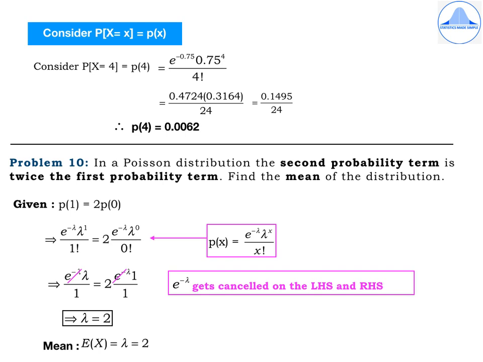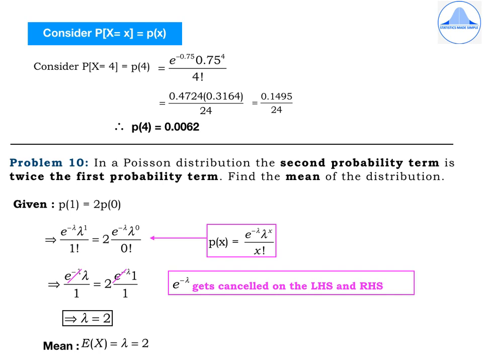Problem 10. In a Poisson distribution, the second probability term is twice the first probability term. Find the mean of the distribution. So let's recollect. In my previous videos, I have already talked about the first probability term, second probability term, and so on.